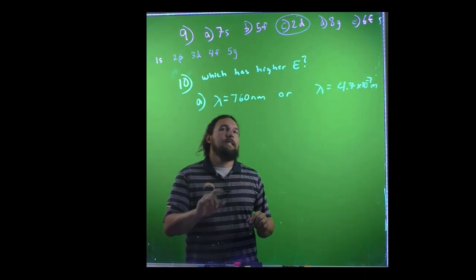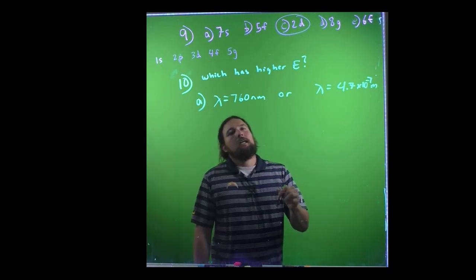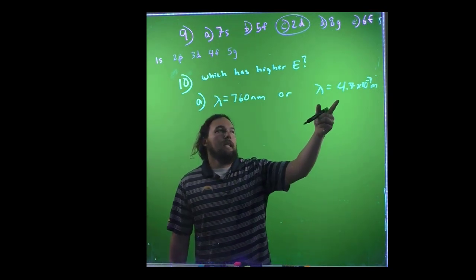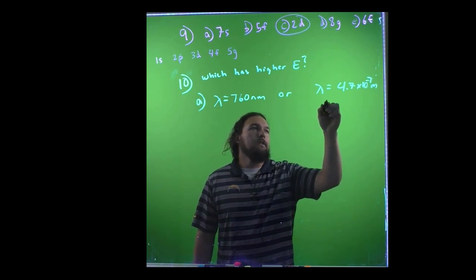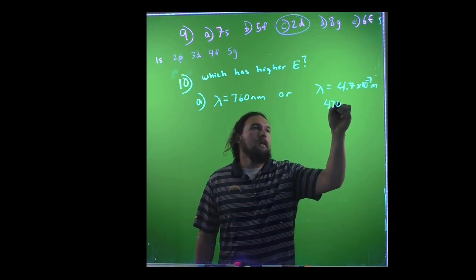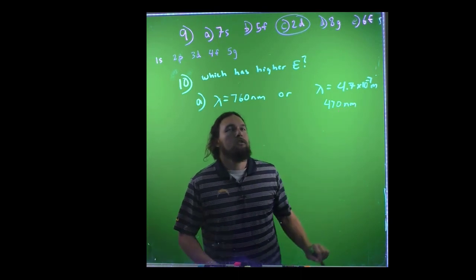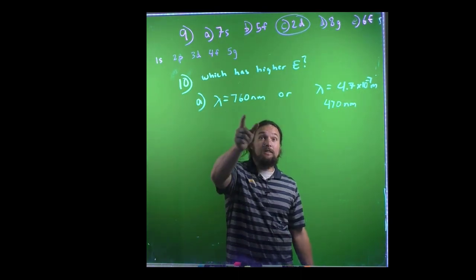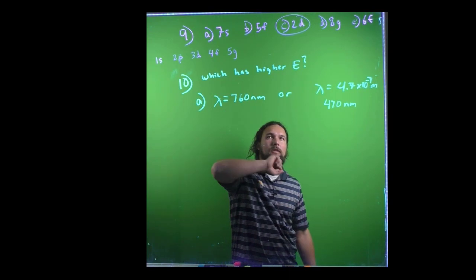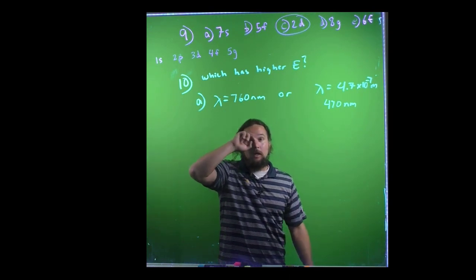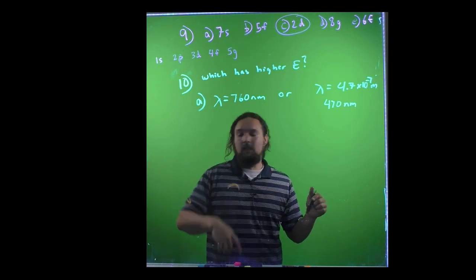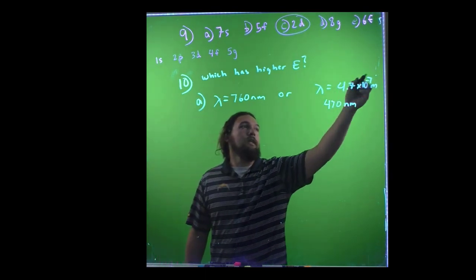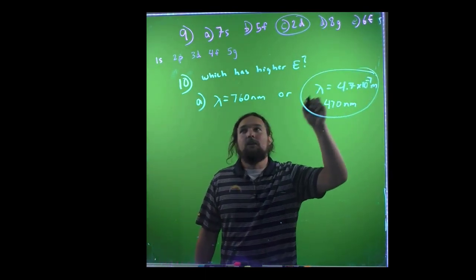So what we'd have to do is get these units in the same thing. In the case of this, we could convert this over into nanometers, and this would be equal to 470 nanometers. So what we have to decide is light of 760 nanometers or 470 nanometers higher in energy? Remember, the bigger the wavelength, the lower the energy. So this has a larger wavelength, so we would say that this one has a higher energy.